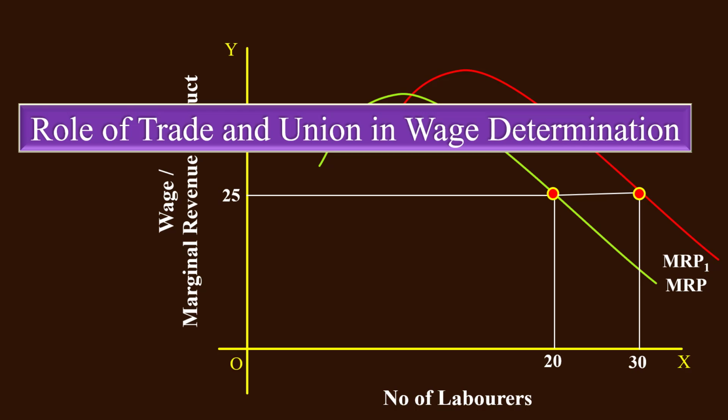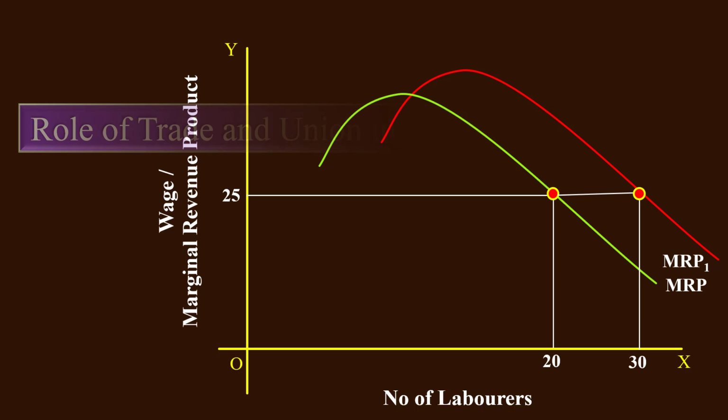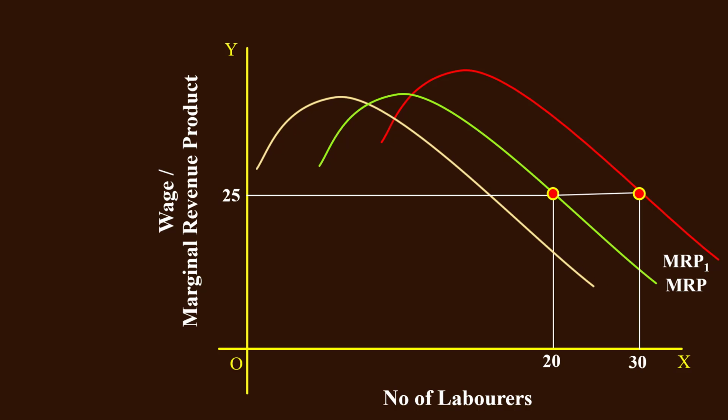Similarly, when the value of marginal product decreases, in other words, marginal productivity decreases, or the price of the product decreases, the marginal revenue product curve is bodily shifted to the left. It means the employer can employ fewer laborers than before. For example, if the prevailing wage is 25 rupees, he will employ only 10 workers.